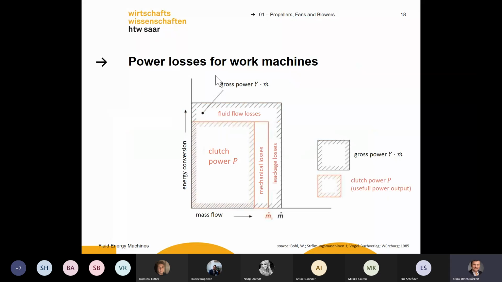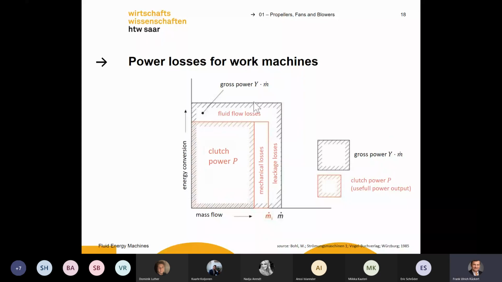Okay, then let's have a short look at the losses. We have to look at losses because in reality, all fluid energy machines have losses, of course. We can have a lot of losses by friction, by the clutch of the fluid energy machines, by the gears. We can have a lot of mechanical losses, and we have them in all machines.